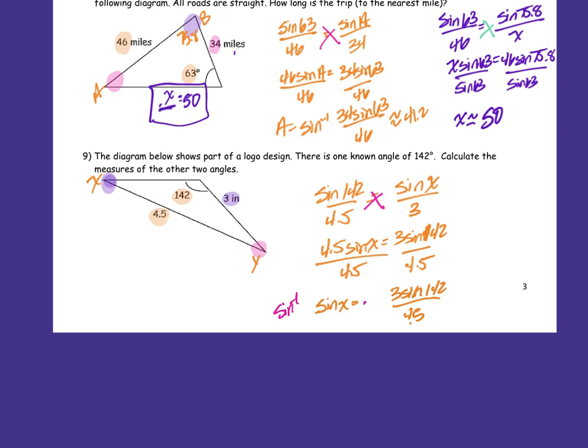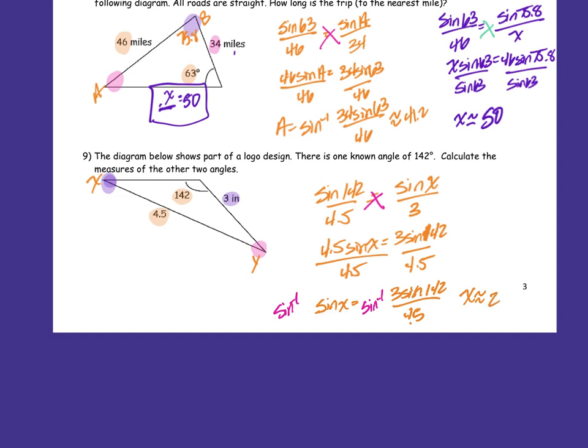And then sine inverse, x is approximately going to be equal to sine inverse of 3 sine of 142 divided by 4.5.